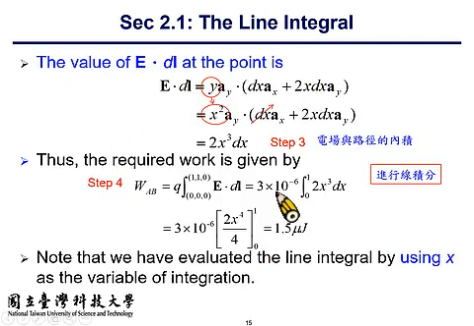Here you have a scalar product. Originally the electrical field is a vector and dl, the differential length, is a vector as well, but because of the presence of a scalar product, they become a scalar. So the integration can be carried out easily.